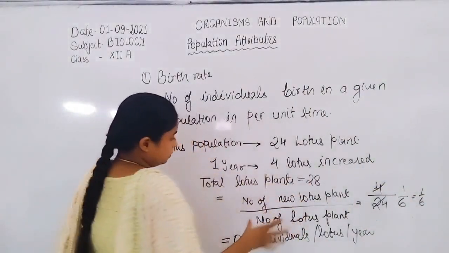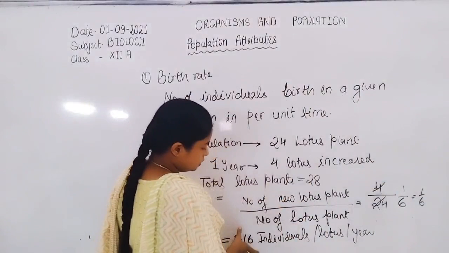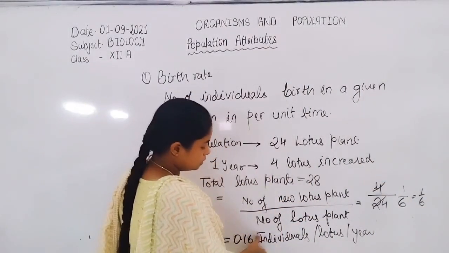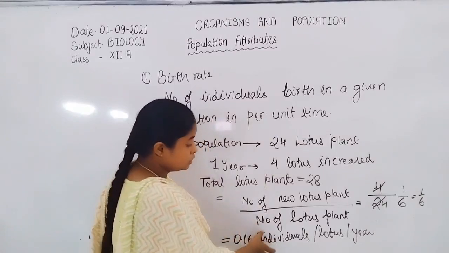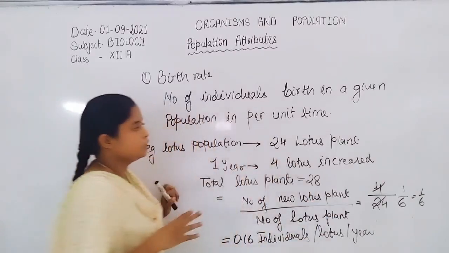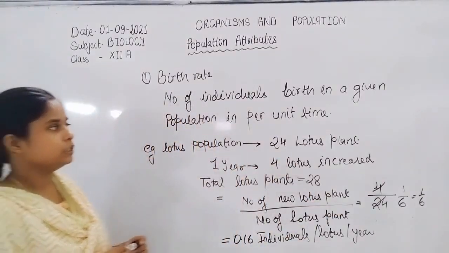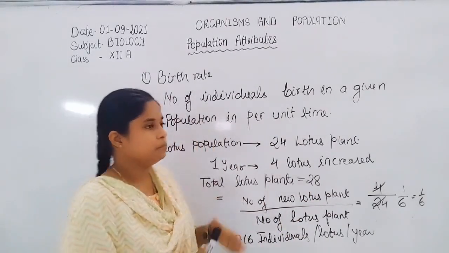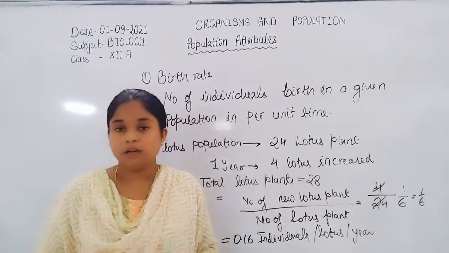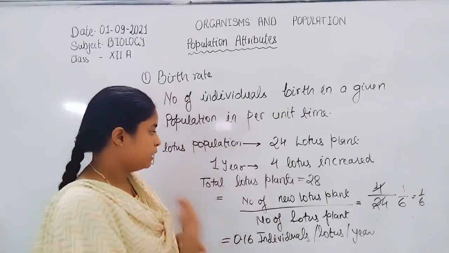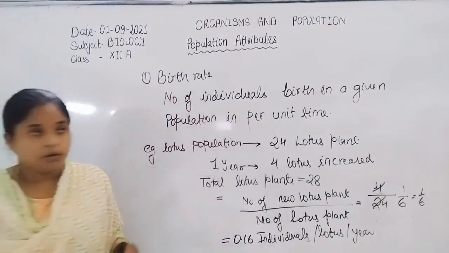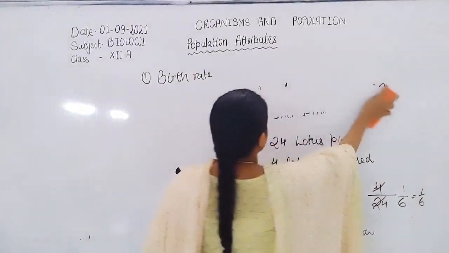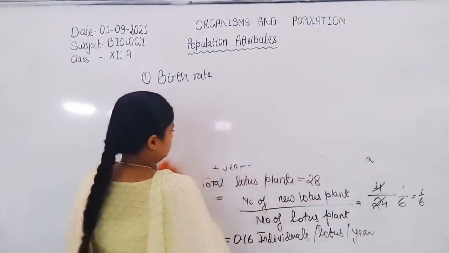The answer will be in individuals, for example 0.16 individuals per lotus per year, or it can also be written as per capita birth. Now the next attribute is death rate.